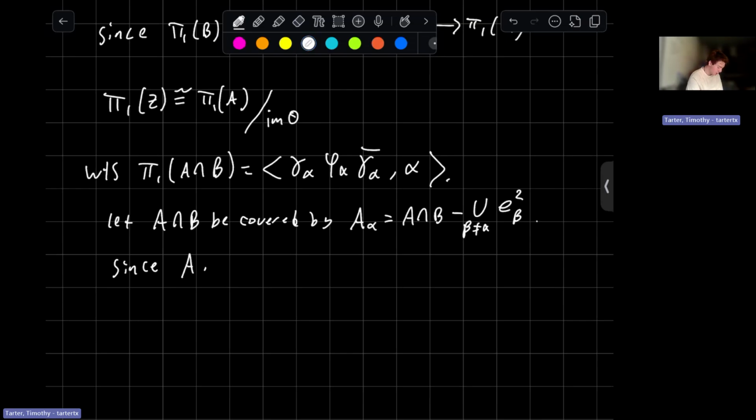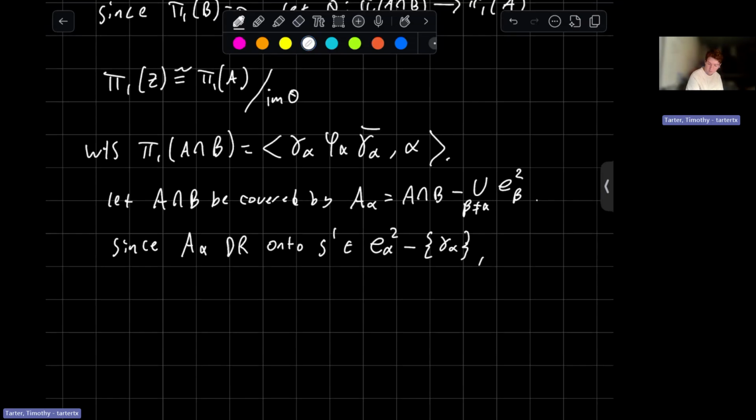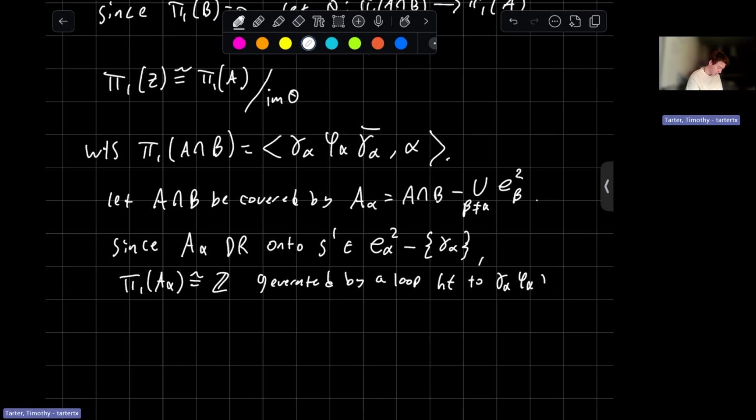Since A alpha deformation retracts onto S1 in the alpha 2 cell minus the point, by contractibility, then pi 1 of A alpha is isomorphic to Z, generated by a loop homotopic to gamma alpha, phi alpha, gamma alpha reverse. And the proof is complete.